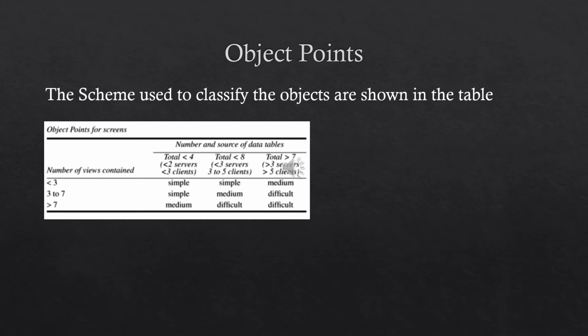Four columns are shown in the table. The first column is the number of views contained. The second, third and fourth represent the number and source of data tables: less than 4, less than 8, and greater than 7 respectively.